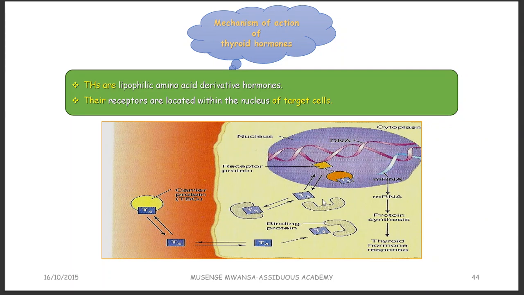Actually the T4 is first going to be converted to T3, which is going to bind to the binding protein, and then it will be released into the nucleus. The nucleus is going to stimulate the nuclear receptors, and that will lead to mRNA production, and mRNA can form proteins. Okay, that will be the response of the thyroid hormone, for example, increasing the basal metabolic rate.